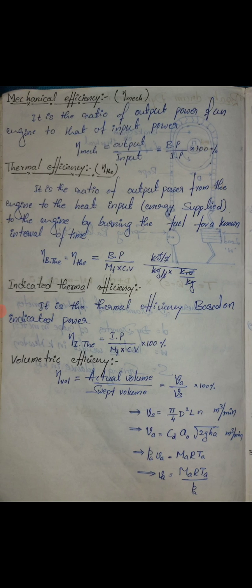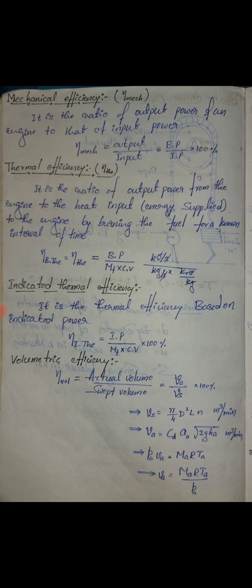Now the next performance parameter is the thermal efficiency. What is thermal efficiency? It is the ratio of the output power from the engine to the heat input. The heat input we supply is by burning the fuel, which is MF into CV.